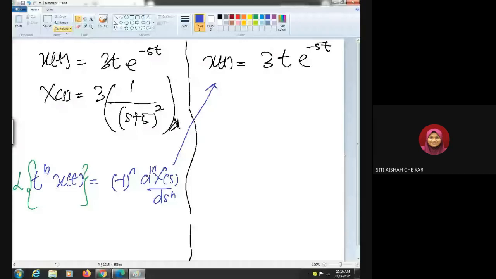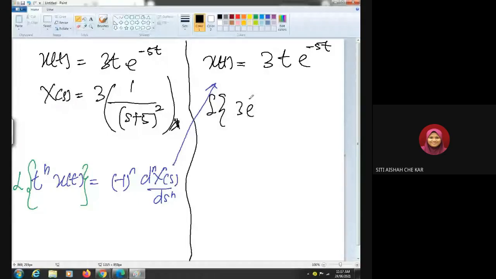So kita akan Laplace 3 eksponen negatif 5t. Sebab kita tak tutup dulu t tu sebab t become properties. Okay, so what we gonna Laplace is Laplace 3 eksponen negatif 5t. So dapat apa? Kalau kita Laplace 3 eksponen negatif 5t?